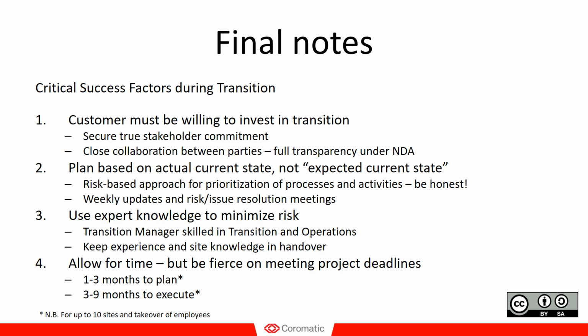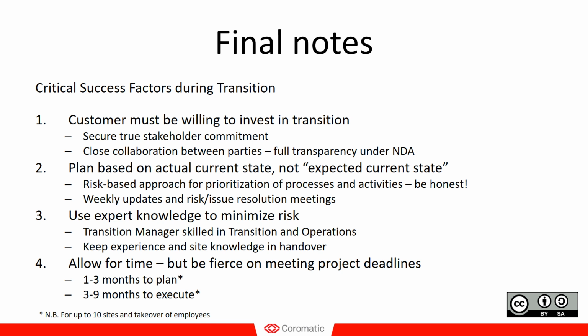And if this is kept within an organization, then this is natural. But it's really important to have this commitment with openness and transparency to make sure that the transition runs smoothly. And the transition should be planned on actual current state, not expected current state, or what we thought we had in place already.